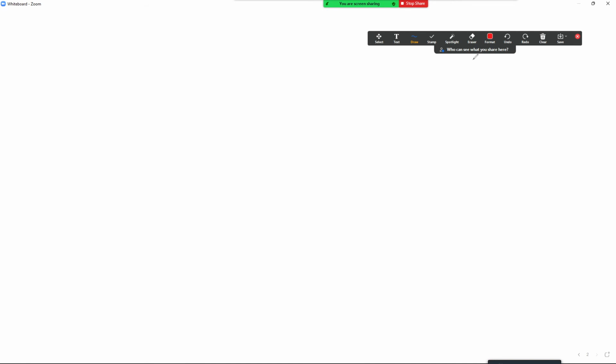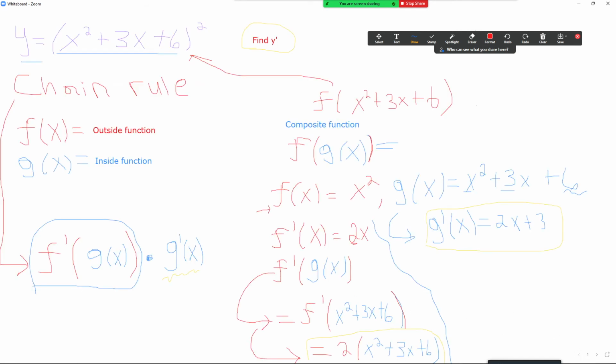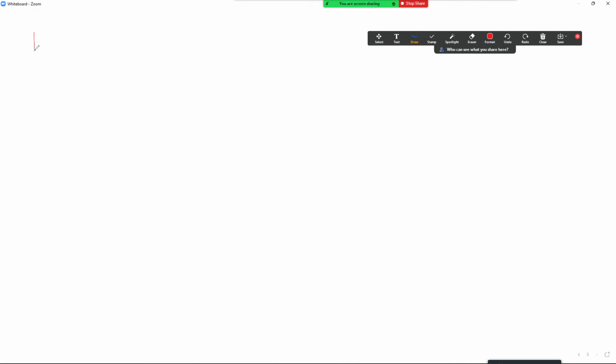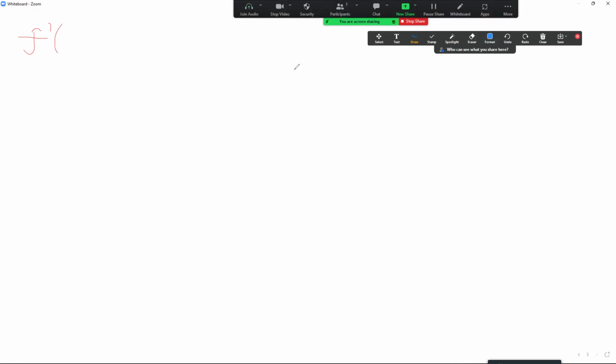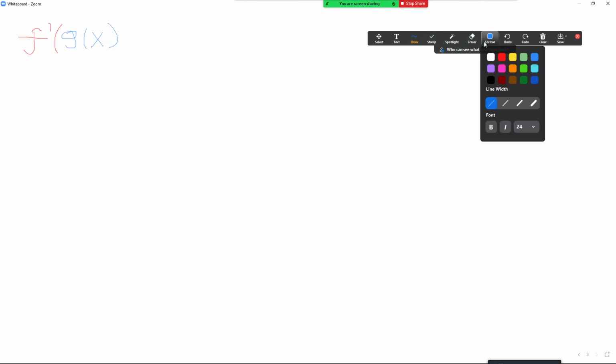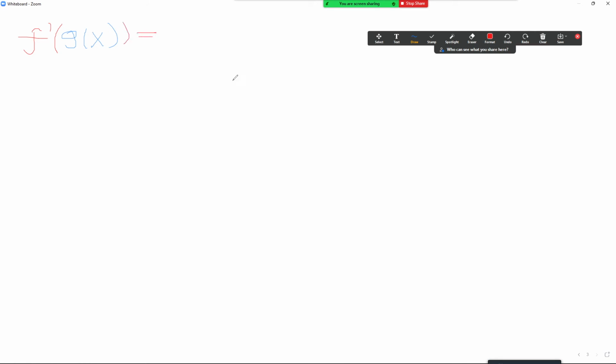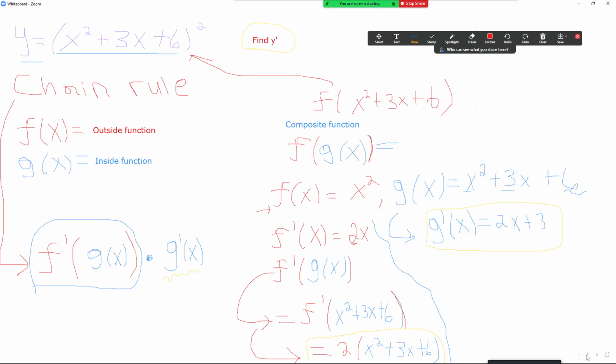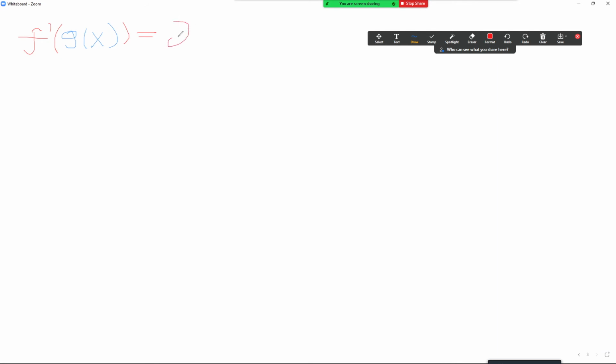So what we have found is that f prime of g of x is equal to, oops, I made two separate pages there, 2 times x squared plus 3x plus 6.